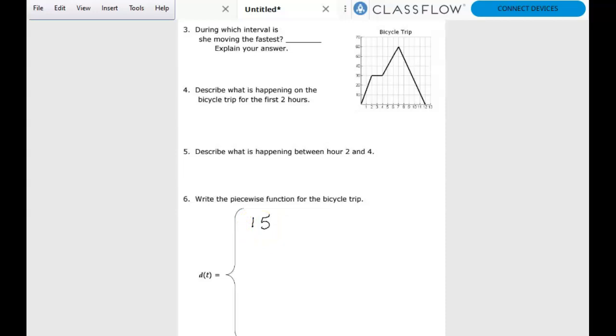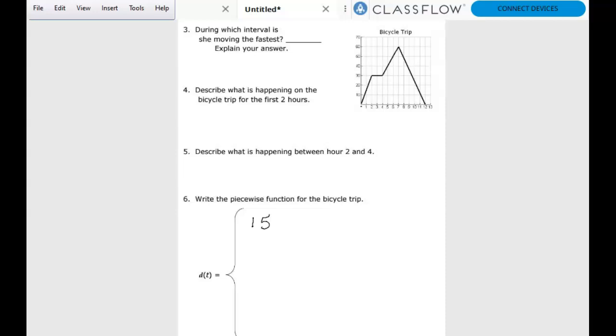Okay, so the next thing, this is distance as a function of time. So instead of an x, we're going to use a t. What's the point that we're going to use right here? 0, 0. So x1 and y1 are both 0.